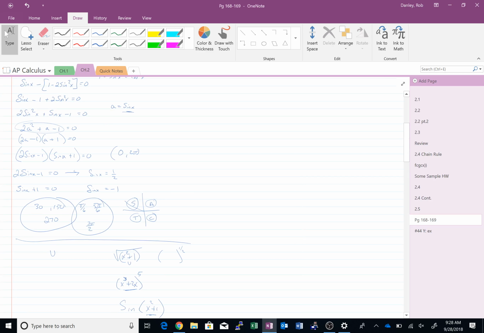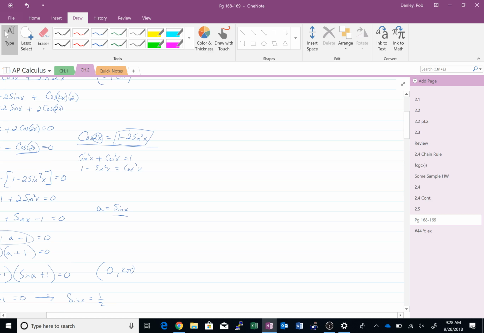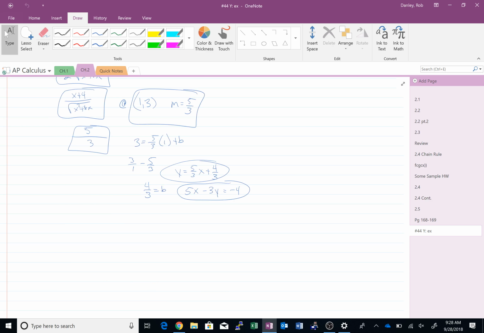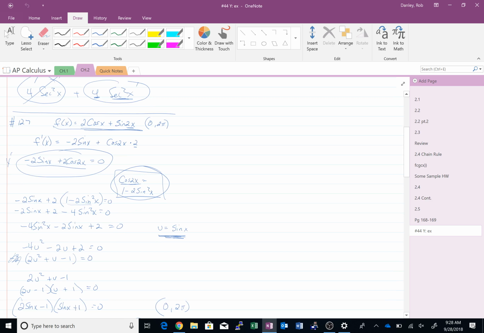So this is page 168. This problem here was 127. Here was another page that we did, 44, 96, 93, 109. So let's keep going here. Let's use blue ink.